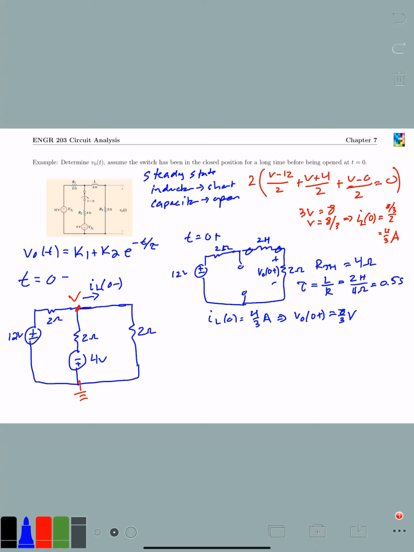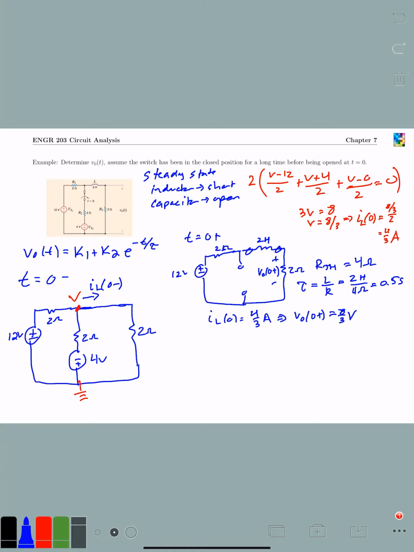Now I do want to point out that in this particular case, the V0 before the switch happened and the V0 after the switch happened were both 8/3 volts. But that's more of a coincidence. It's not guaranteed to happen, and you really need to look for the voltage across a capacitor or the current through an inductor. Just want to remind you of that.